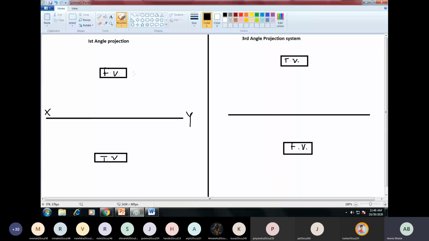Any doubt till this point? Regarding the location of front view and top view above or below the XY line, any confusion? Okay. Now I'll be telling you about the side view.